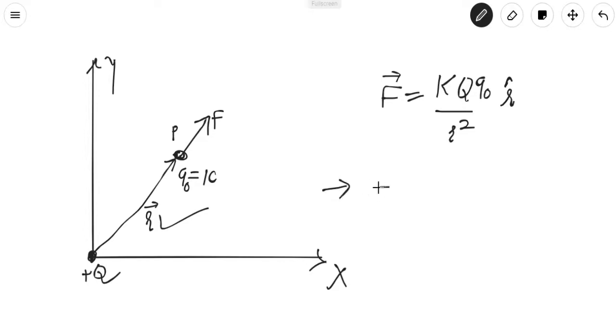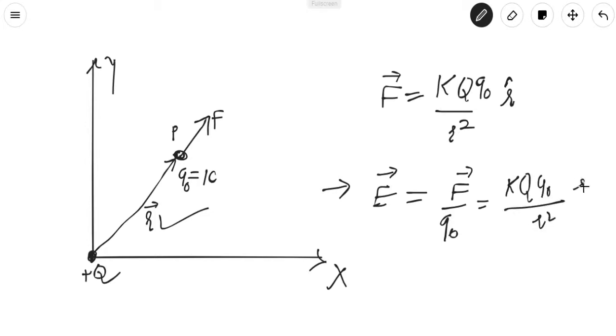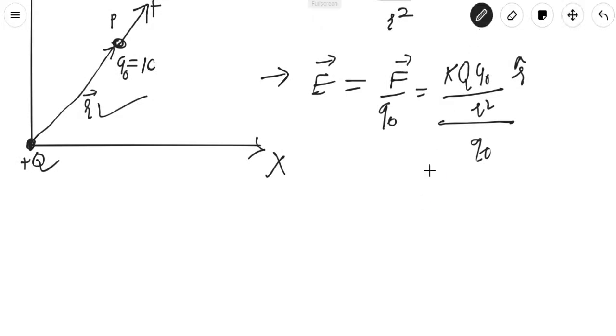According to the definition, the electric field at any point is the force per unit positive charge, right? So if we replace in the equation, it is k q naught by r square r caret, with q naught in the denominator. In this equation q naught gets cancelled, hence k q by r square.